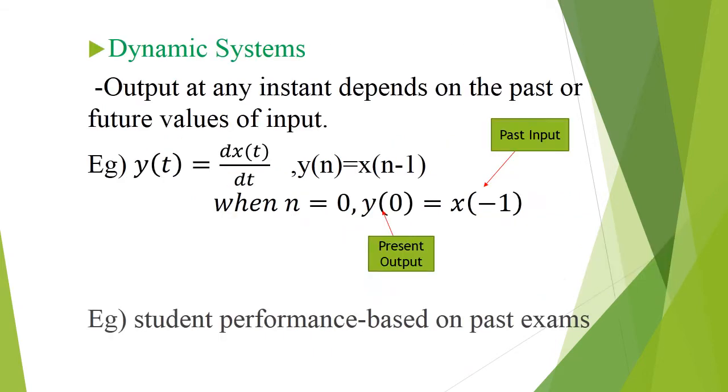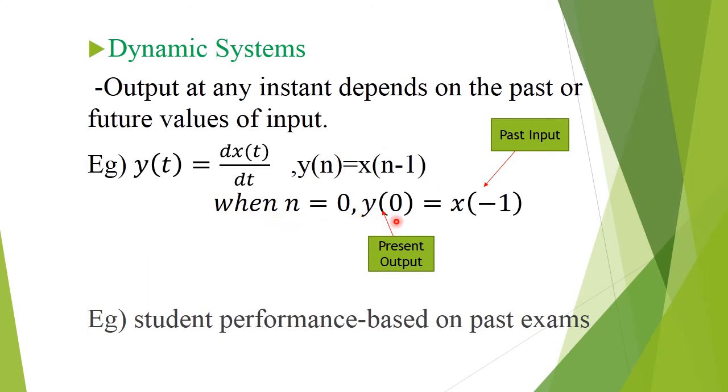So next we are going to see what is meant by dynamic system. So dynamic system means here the output depends on the past or future values of the input. Example, y of t equal to dx of t divided by dt. This is for continuous time, and for discrete time y of n is equal to x of n minus 1. Now here substitute n is equal to 0.